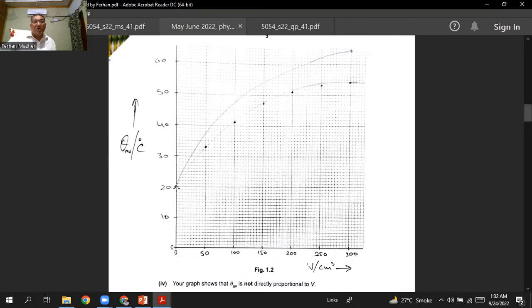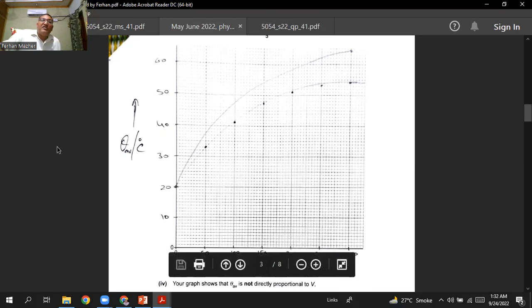Its gradient is not constant. It's a curve, and it's not passing through the origin. If the graph between two quantities that are directly proportional to each other is a straight line which passes through the origin. This is a curve and it's not passing through the origin. So these two quantities are not directly proportional to each other.